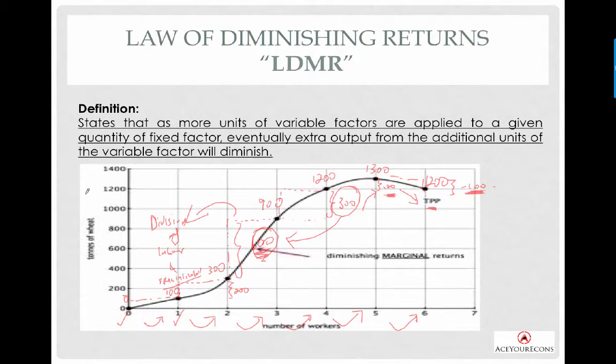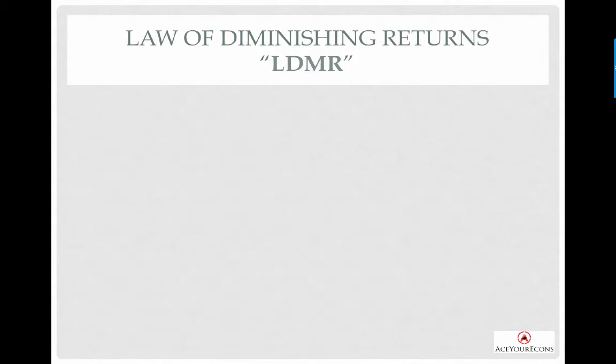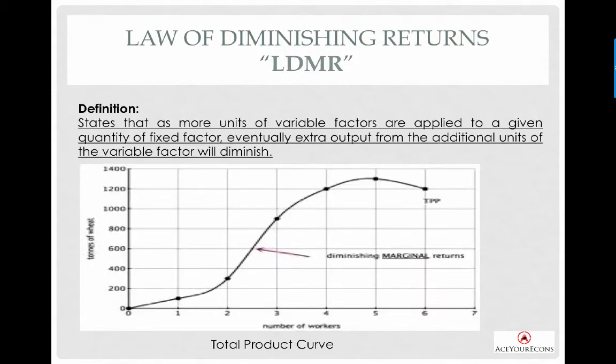So hopefully by telling you a story, you can see the relationship of diminishing return. And later on, we'll be extending this concept to one of the cost curves that we have later on. So before I forget, the diminishing return comes in from the third worker.